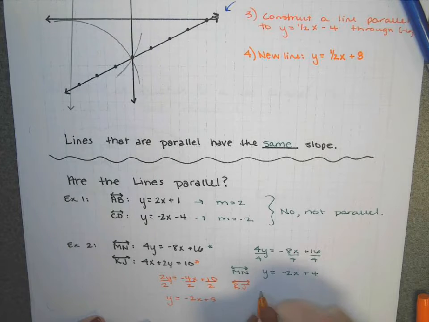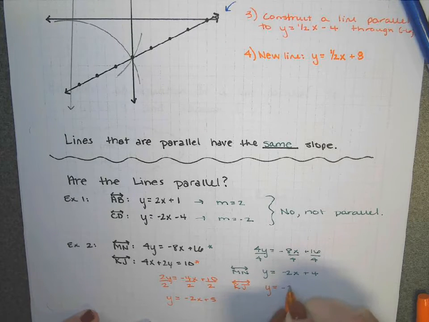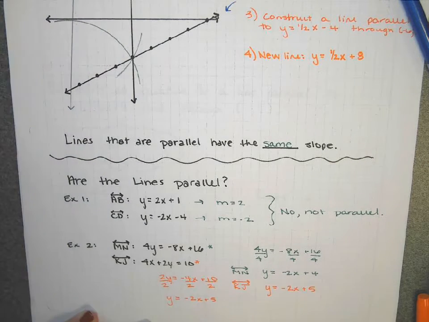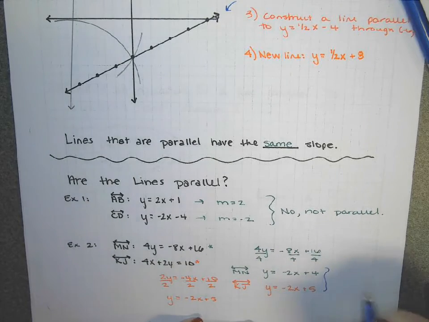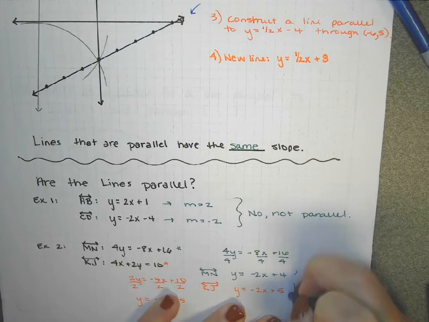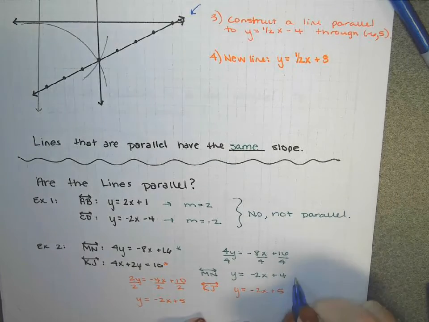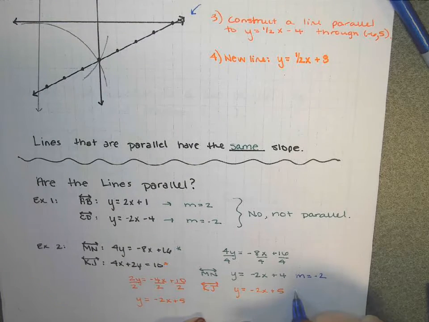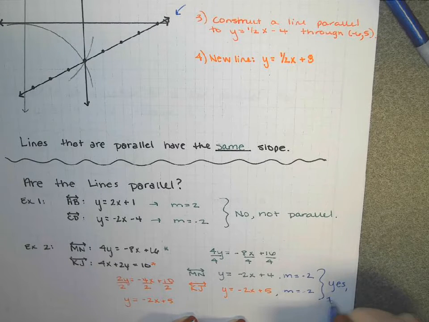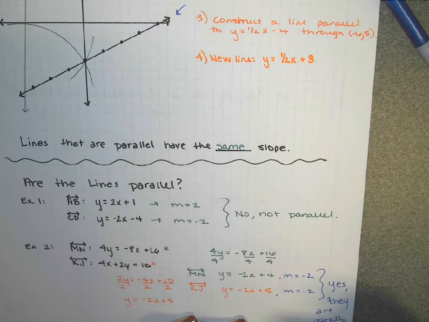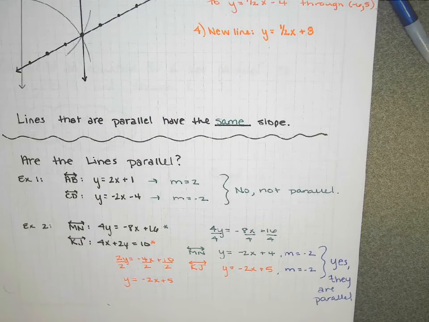Line KJ is y equals -2x plus 5. So now that we have these two equations written in this form, we can look and say, well this slope is -2 and this slope is -2. So yes, they are parallel, because the slopes are the same.